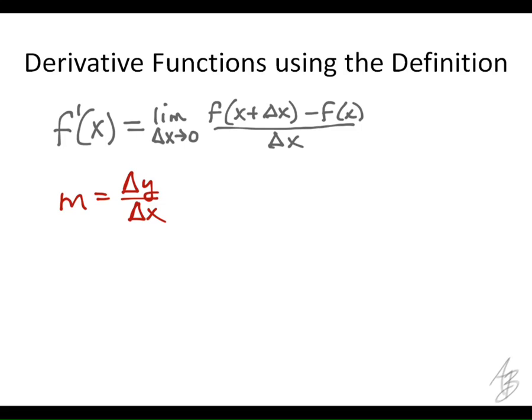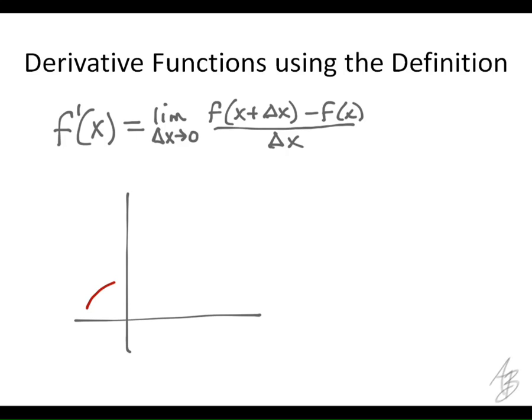So if we look at a picture of a graph, I'm going to draw the same picture I've drawn a few times before. We've got a graph with a function in it, and we're looking to find the derivative of the function at some point. We pick some x value, and in the past, we've called the distance between these 2 points h.